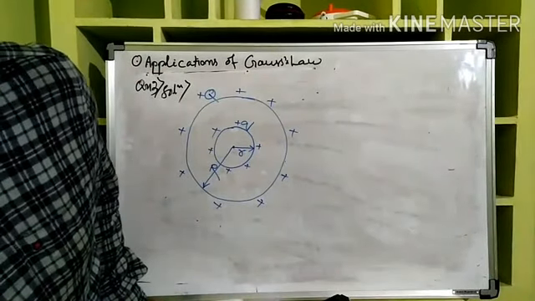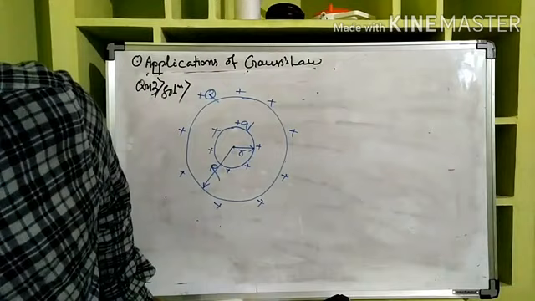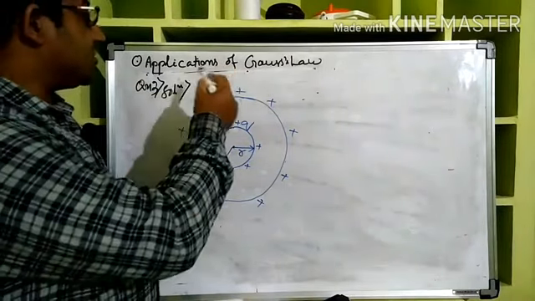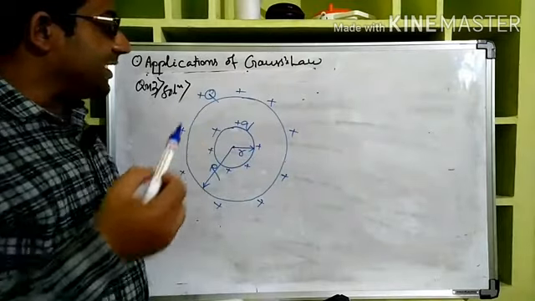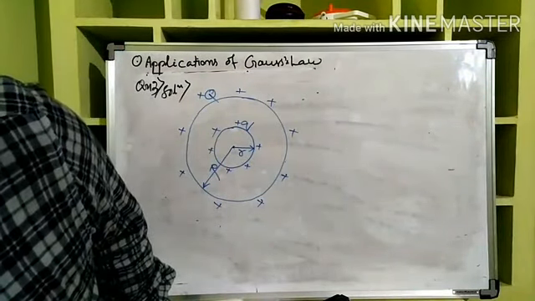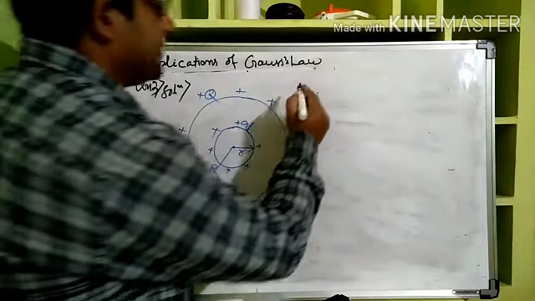Using Gauss law, derive the expression for the electric field at a point x. But where that point x is lying, there are again two cases given.